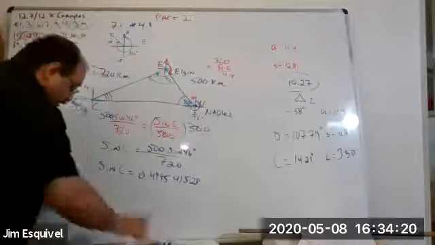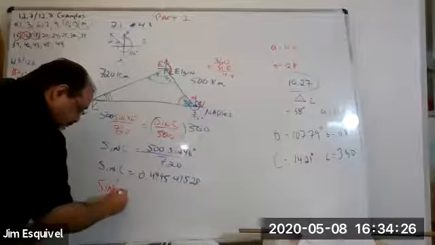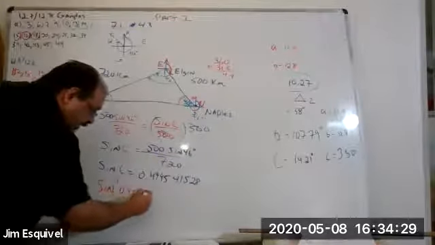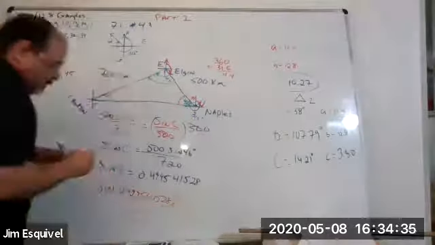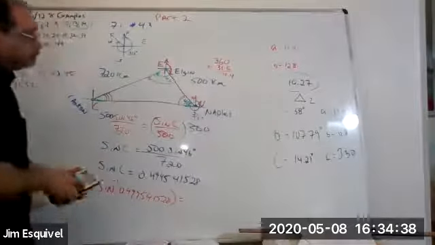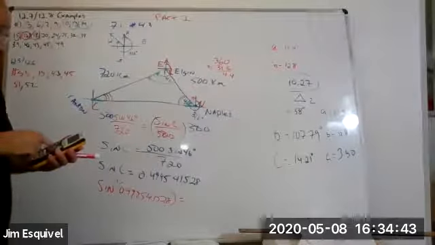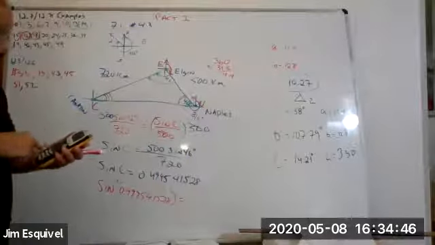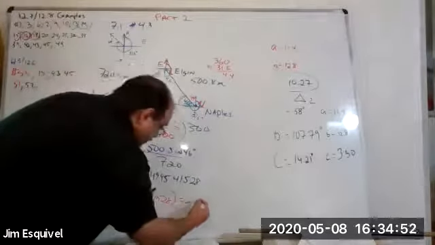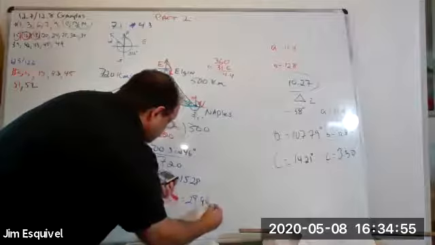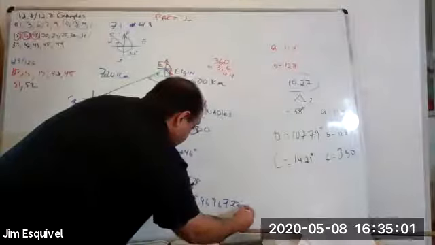So to solve for angle C, we do the inverse sine of 0.499541528. And that gives us an angle of 29.967237 degrees.